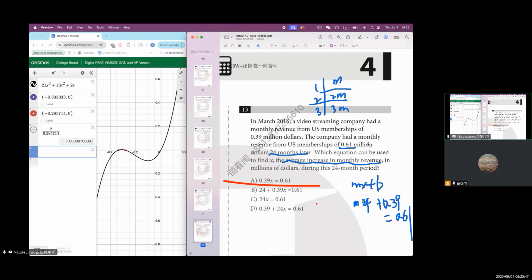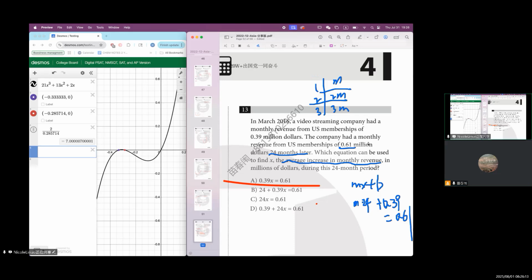But I don't really understand why isn't it 0.39? It's the average increase, so that's why it's not how much you earn every month. Wait, 0.39 is the original value.